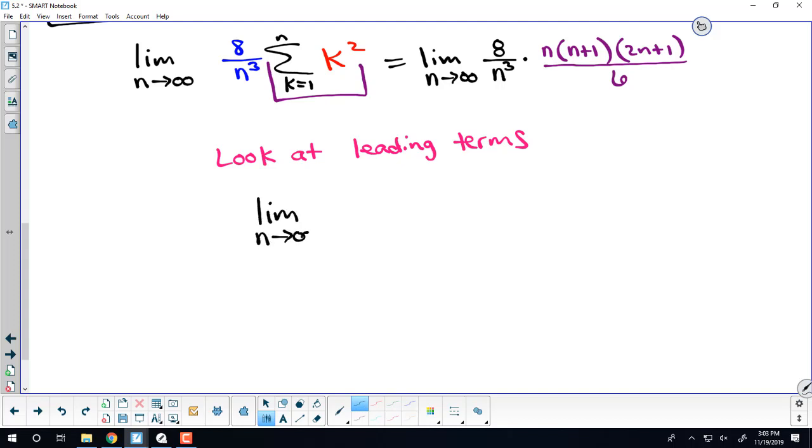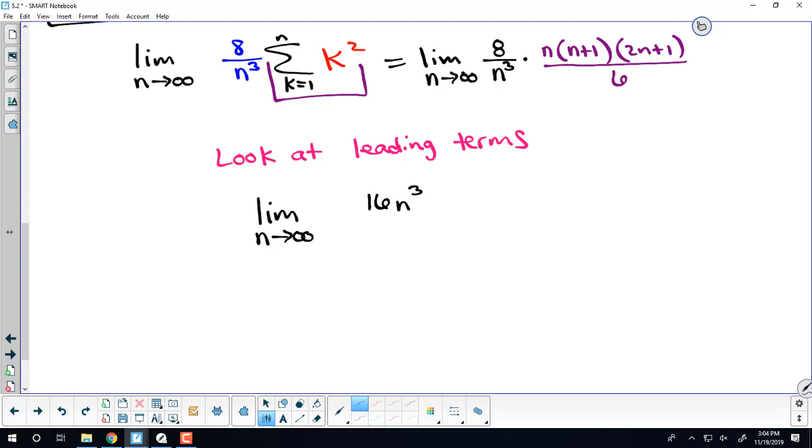As n approaches infinity, what would the leading term on the top be? But they're all multiplied together. Yeah, so they would have to be in there, right? You've got an n times a 2n times an 8 all on top. Yeah, 16n cubed, does everybody agree?